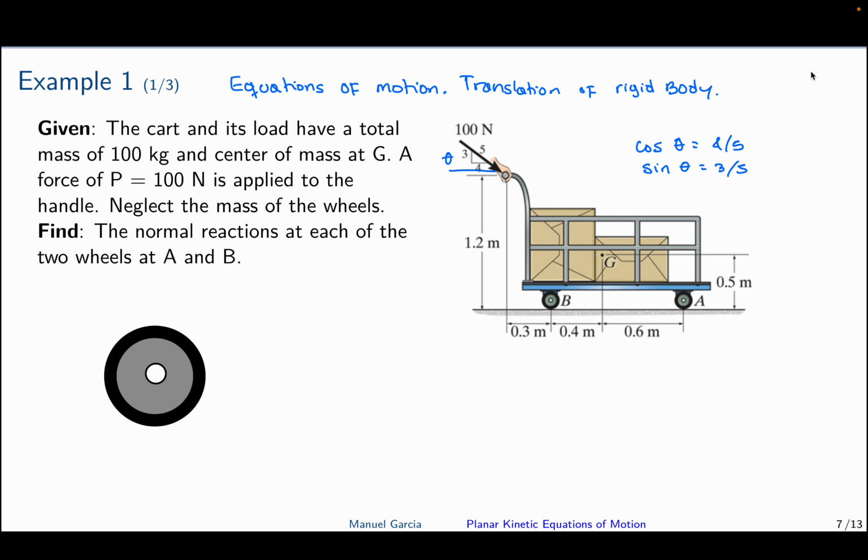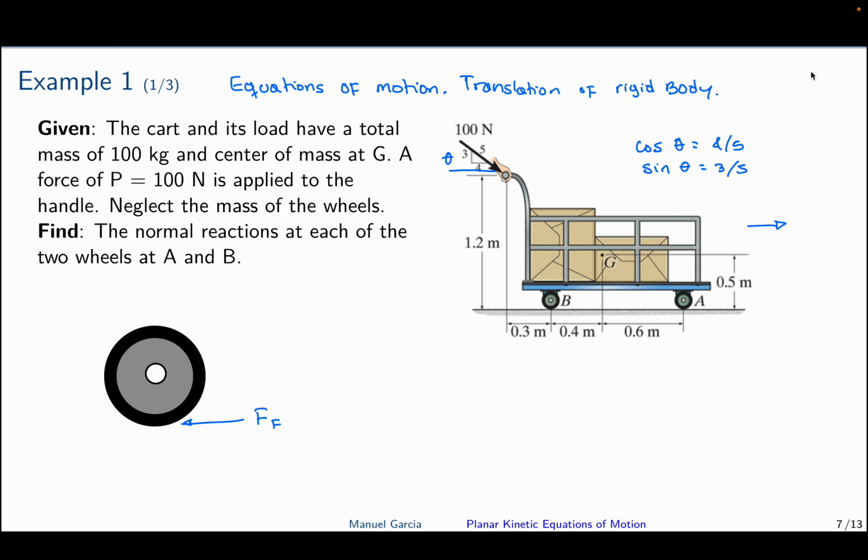Okay, so we are going to assume that the wheel doesn't have any weight and there is no friction in the cart. Of course there is friction on the wheel, so I have a wheel here. The friction is opposed to the movement, so if this moves in this direction, the friction is opposing. So the force of friction is in this direction on the wheel.